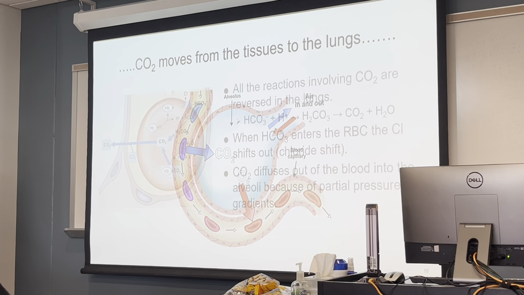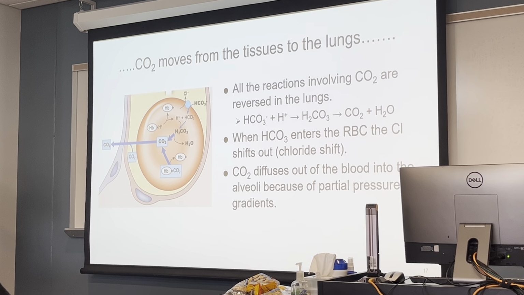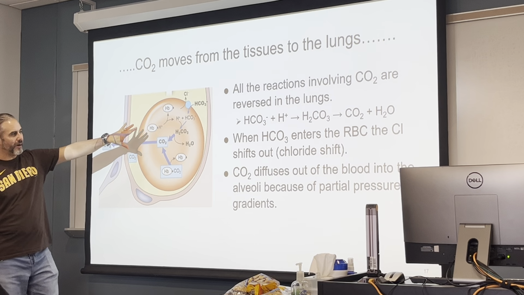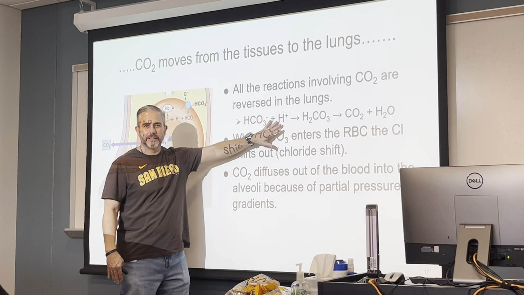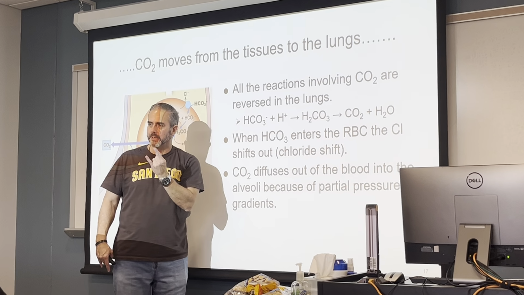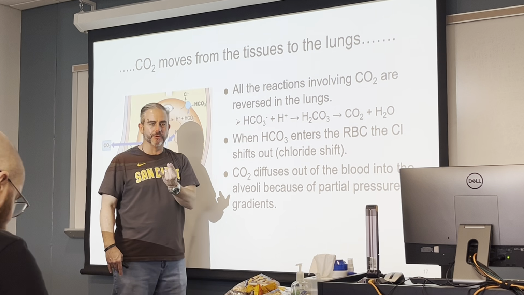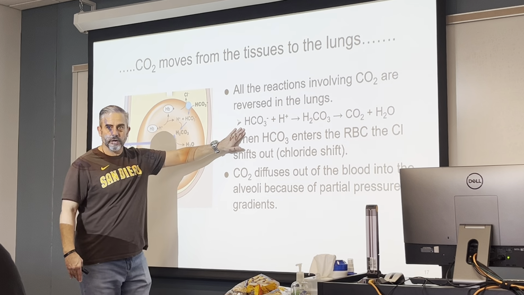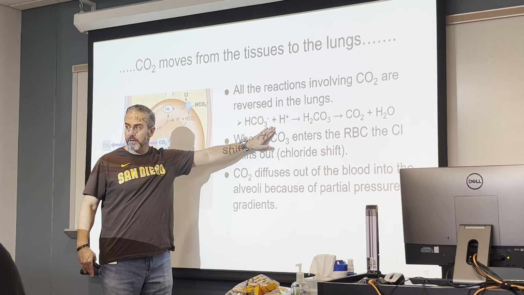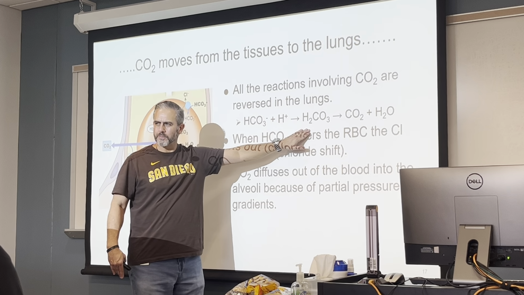Then what happens? When that CO2 is there at the lungs to be exhaled, remember all that process that we talked about before? It reverses. It does a complete 180. So bicarb combines with the hydrogen ion, forms, what was this again?